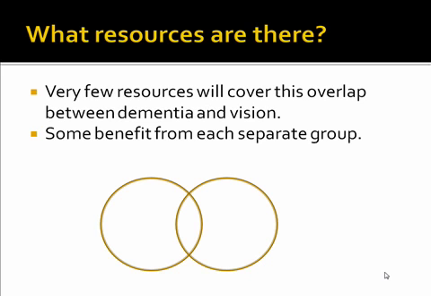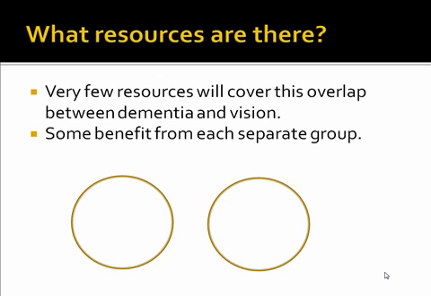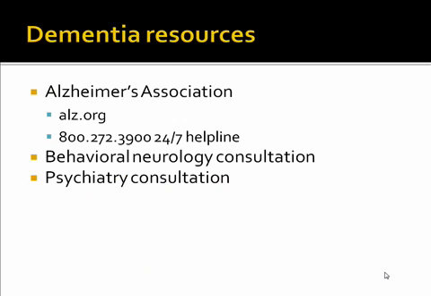As you can imagine, with a condition that's relatively rare, there are very few resources that cover this overlap between dementia and vision. For that reason, I often direct my patients and their families to groups that manage the condition separately. For instance, for dementia, we will often direct our patients to the Alzheimer's Association, which has a 24-hour helpline that's staffed by somebody with at least a master's level of education.